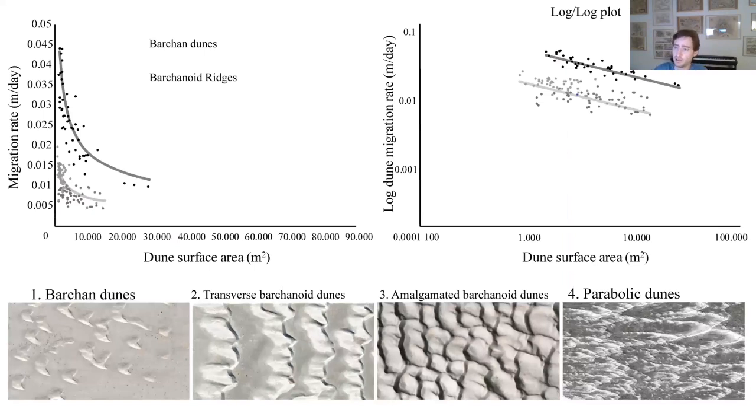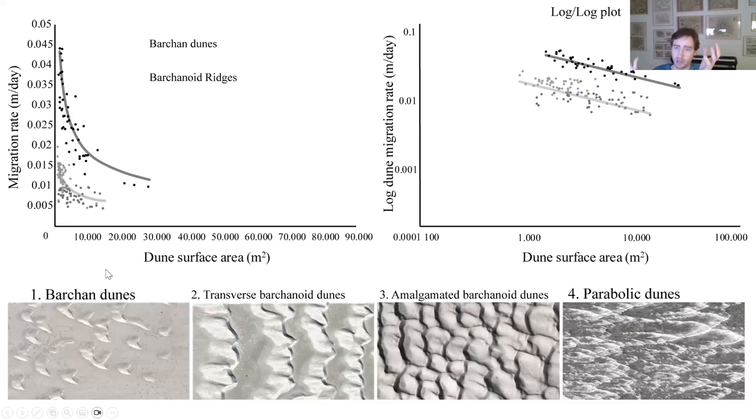So in this compilation, you see 4 different dune types. We have Barkhan dunes on the left. Those are the fastest dunes in this dune field. And then as the dunes get more amalgamated, they get lower surface to volume ratio. So their speed actually uniformly decreases. And you can see that in this plot.